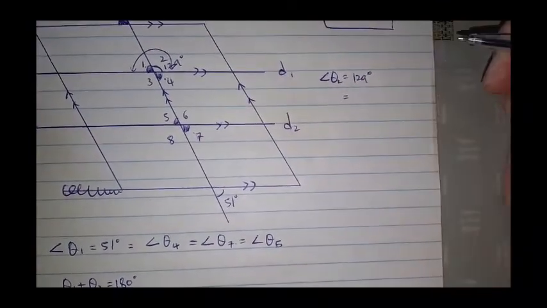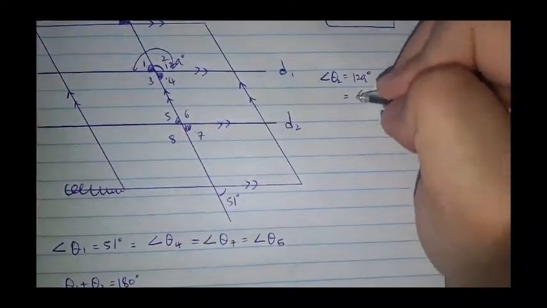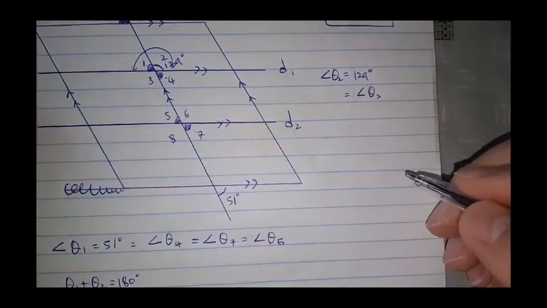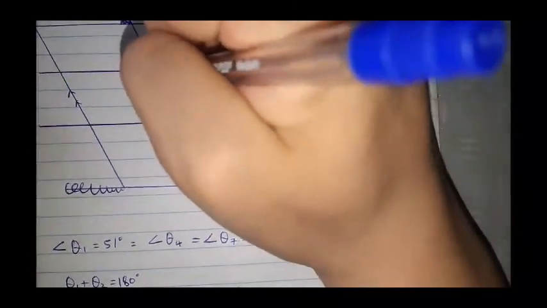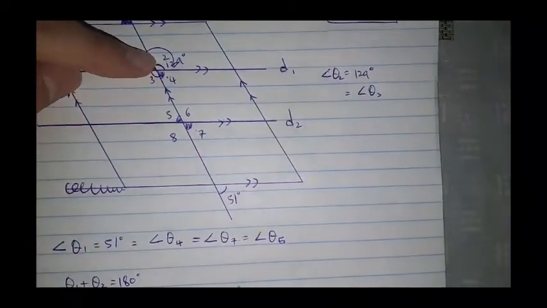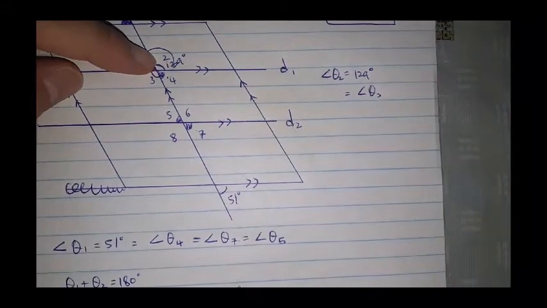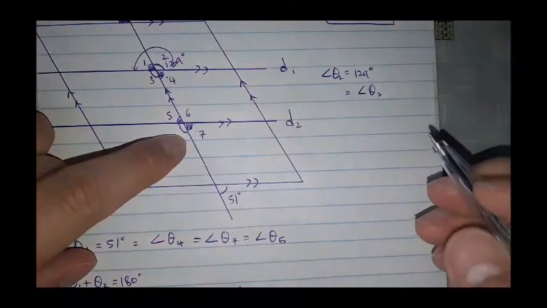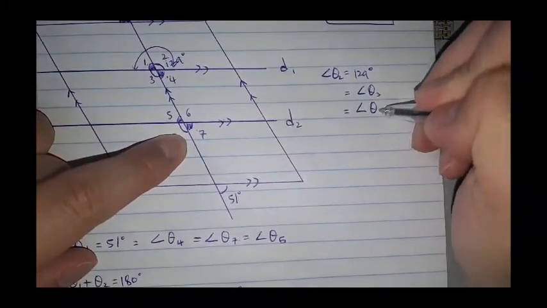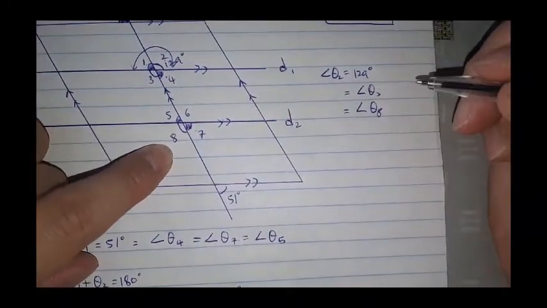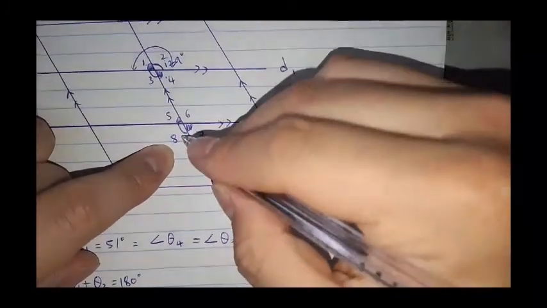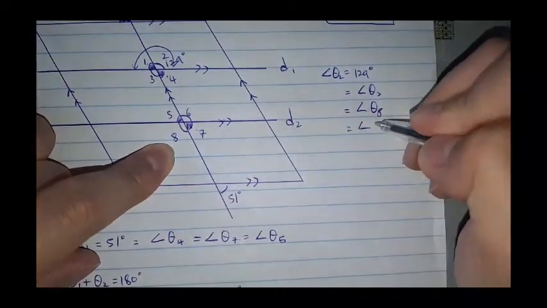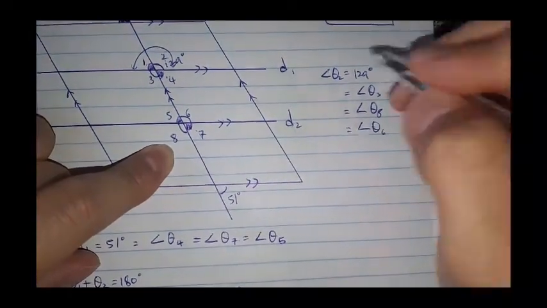And that should also be equal to my opposite angle, theta 3 over here. Now, do we have any alternate angle? Yes, we do. My corresponding angle, theta 8 over here, should also be equal to 129 degrees. And does theta 8 have an opposite angle? Yes, theta 6.